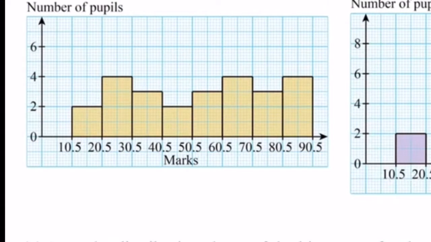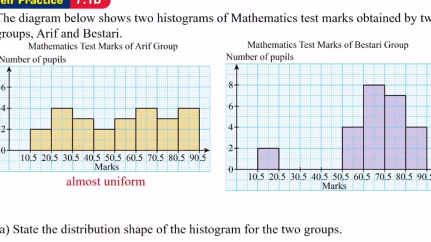The marks look almost uniform, because at the lower marks the frequency is almost 2, 4, 3, 2, 4, something like that. It is almost uniform. The number of students having low marks and high marks are almost not far apart, the difference, isn't it?